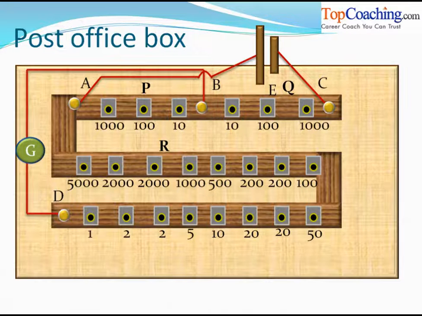You see, a post office box is also used to find an unknown resistance, and it again uses the principle of the Wheatstone bridge. For a moment, forget about all these gray squares and black circles. Just imagine one single resistance P being connected here, like this. Then imagine a resistance Q being connected here, like this.